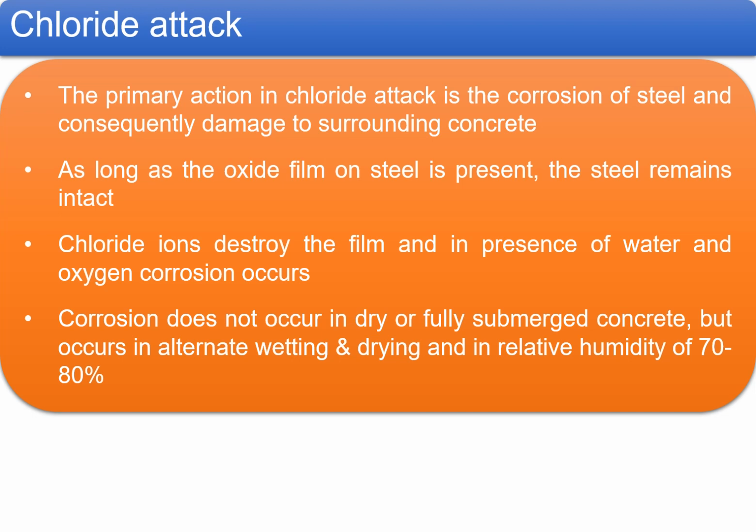If you have only oxygen, the corrosion will not have any impact. If you have only water, then also there is no impact on corrosion. That is the reason why below the sea water the steel is not corroded, and only the splash zone is treated with anti-corrosive materials, not the complete steel pile in marine conditions.